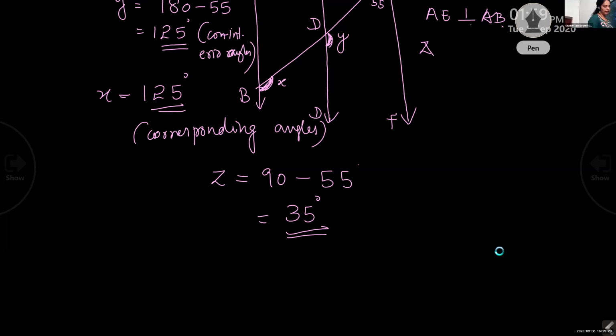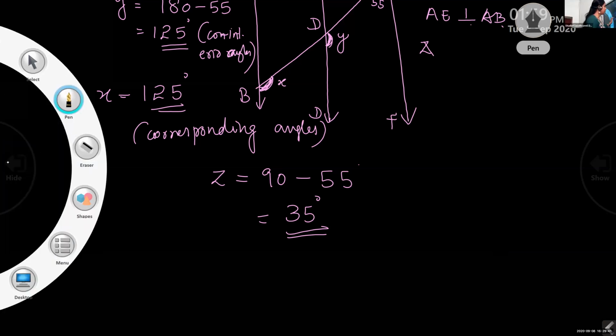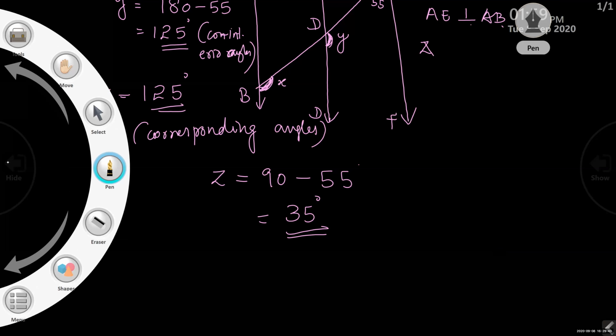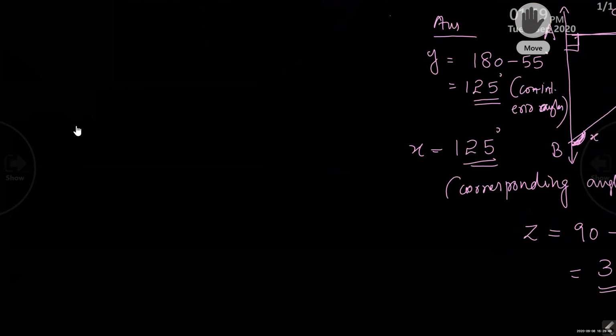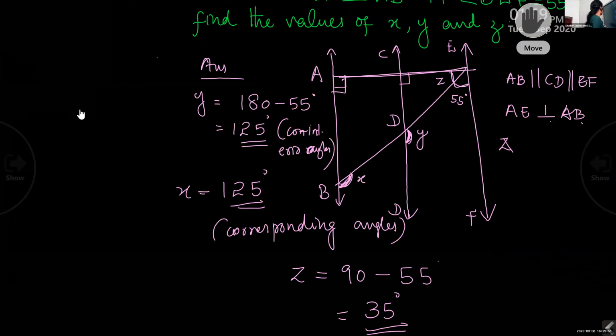Okay, children. How did we get that 35? 90 minus 55, how much? 35, but how did 90 come? One minute. See this?